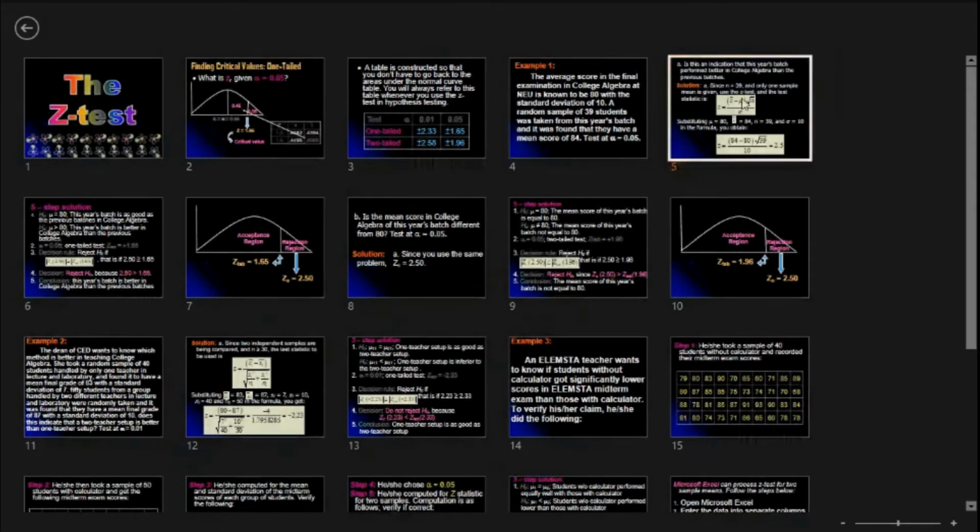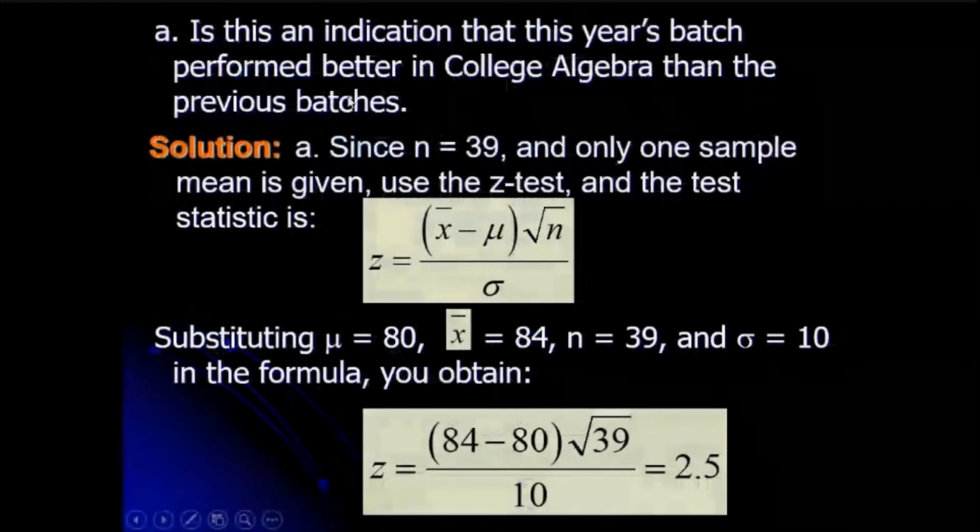Okay. So, dahil greater than siya, is it one-tailed or two-tailed? One-tailed. Very good. It is one-tailed.